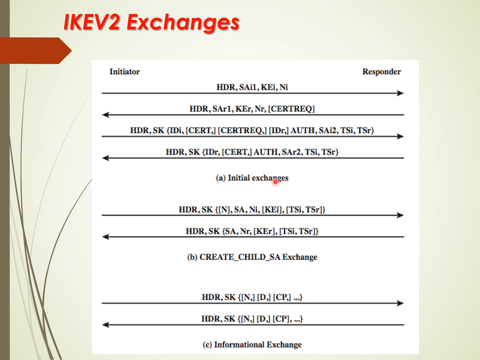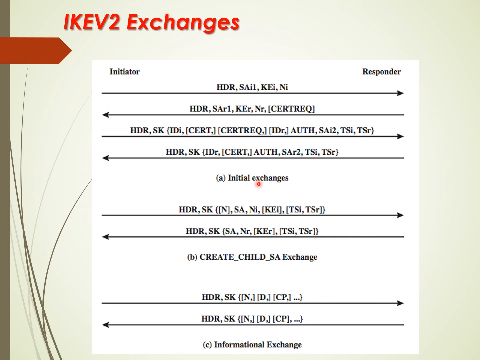The result of this exchange is to set up a special security association called the IKE Security Association. So the main result of the initial exchange is that it sets up a special security association called the IKE Security Association.